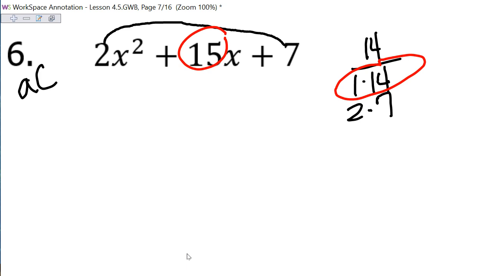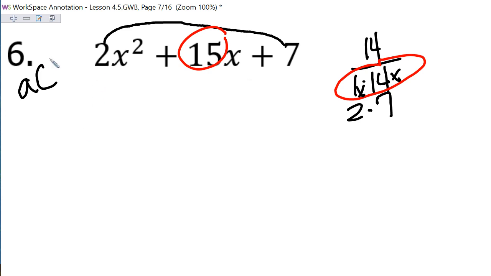Now, to factor this, we're going to factor by grouping. To factor by grouping, you have to have a total of 4 terms. Right now, I only have 3. So what we're going to do with our 15x, we're going to split it up using these two numbers in our list. So instead of 15x, we're going to break it up into 1x and 14x.